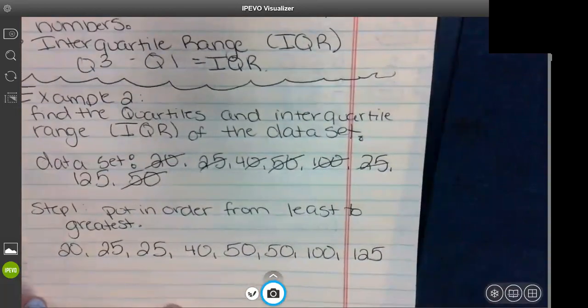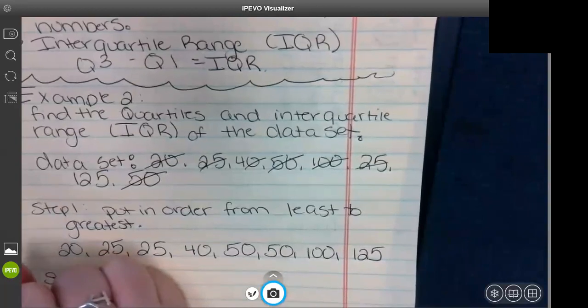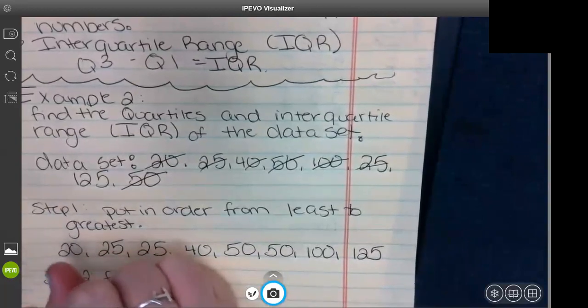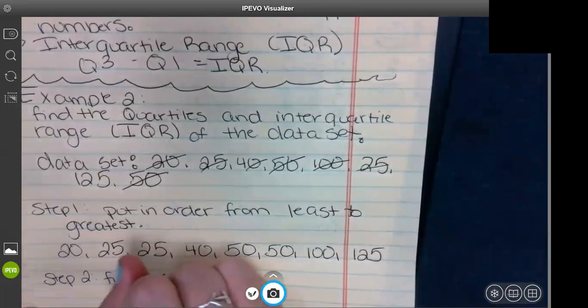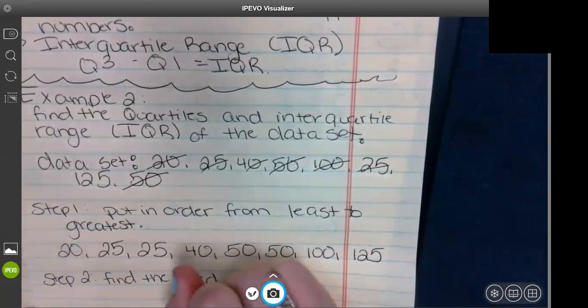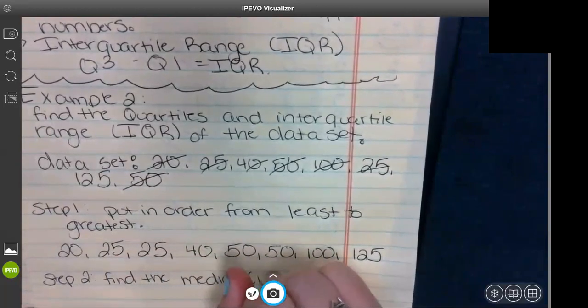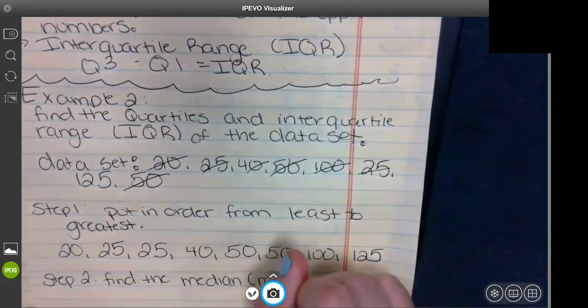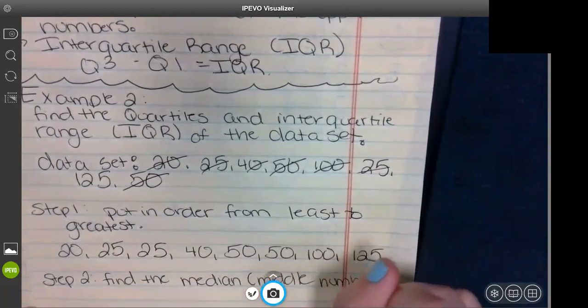The next step is going to be to find the median. Remember, it is your middle number.